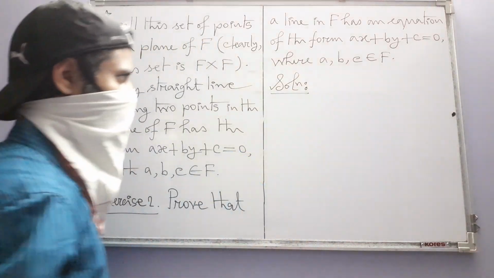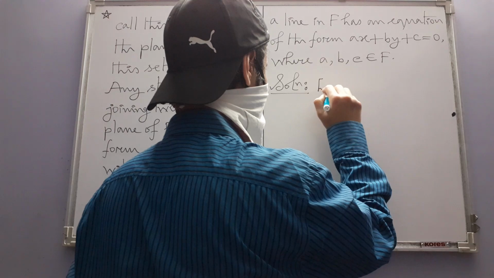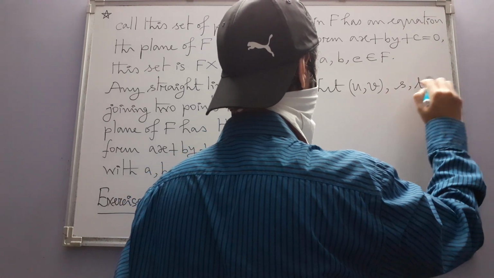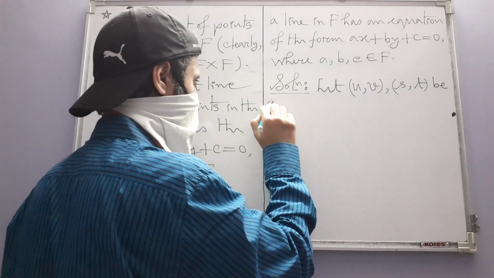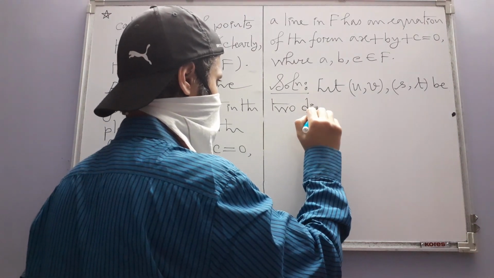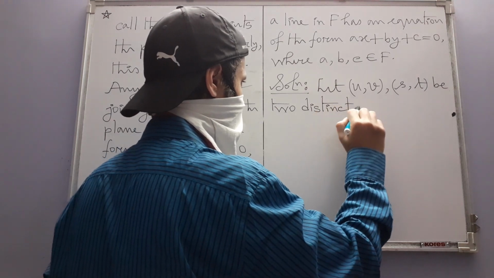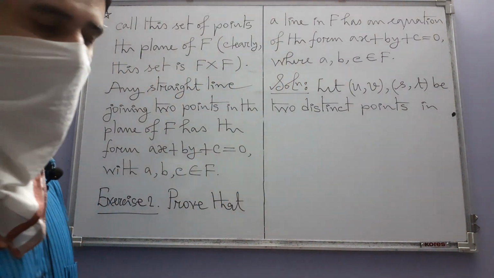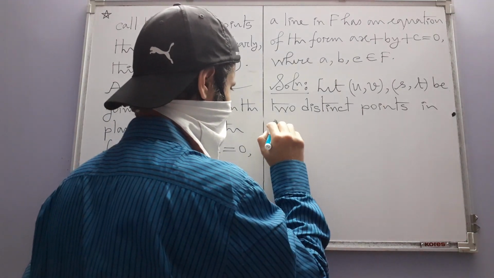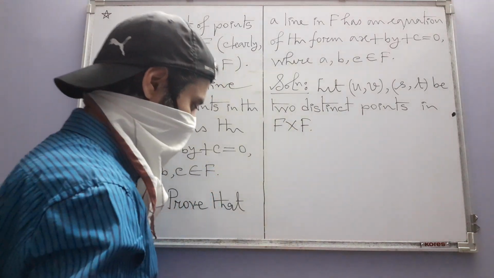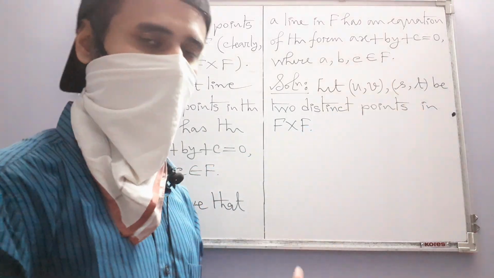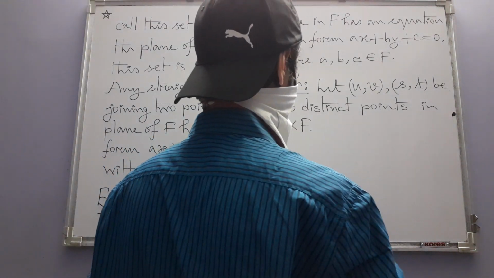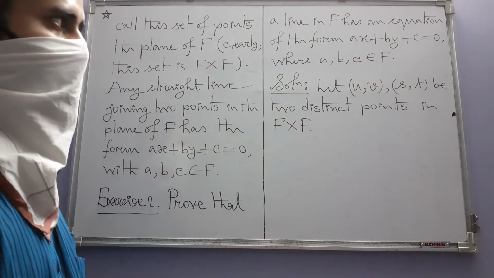So we have to consider two such points. Let (u, v) and (s, t) be two distinct points in the plane of F, or in other words, they are two distinct elements in this Cartesian product, which simply means that u, v, s, t are elements in the subfield F of R. Now note that they are distinct.